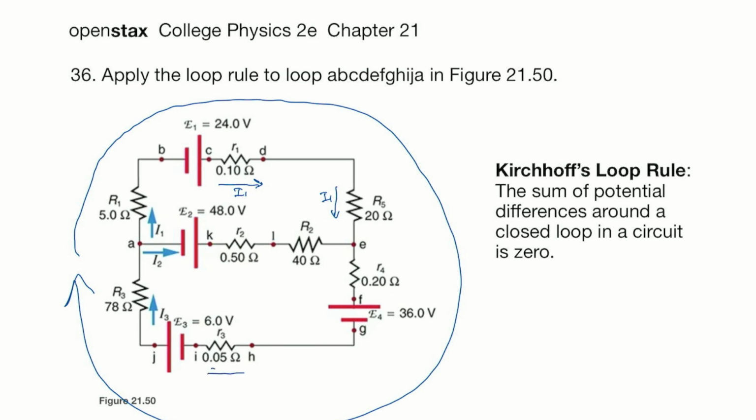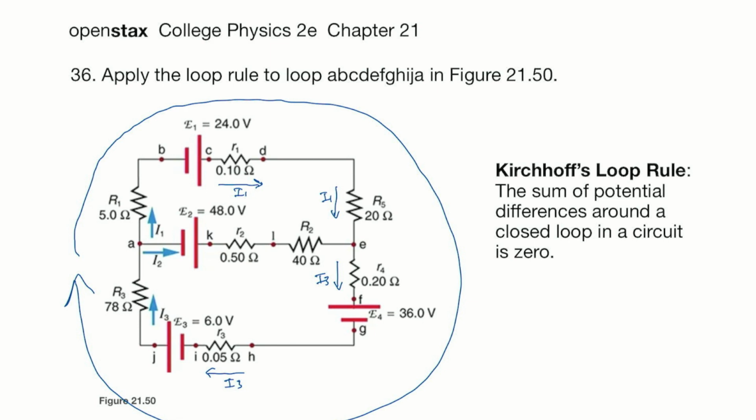So it had to be going to the left along the bottom and from top to bottom on the right side. So current I3 is also flowing clockwise only in the bottom half of the loop. All right, so now we have our currents specified, or actually drawn as they traverse through the resistors.